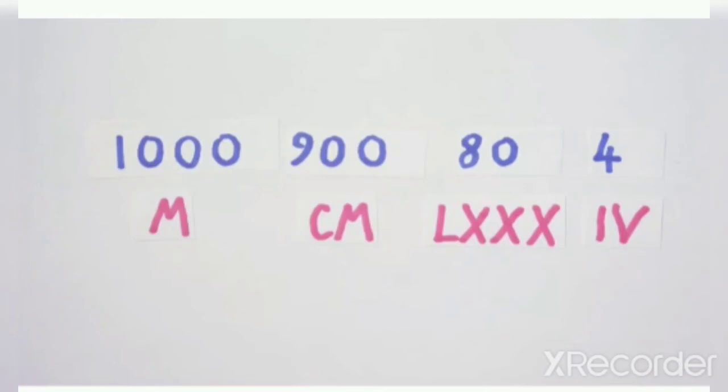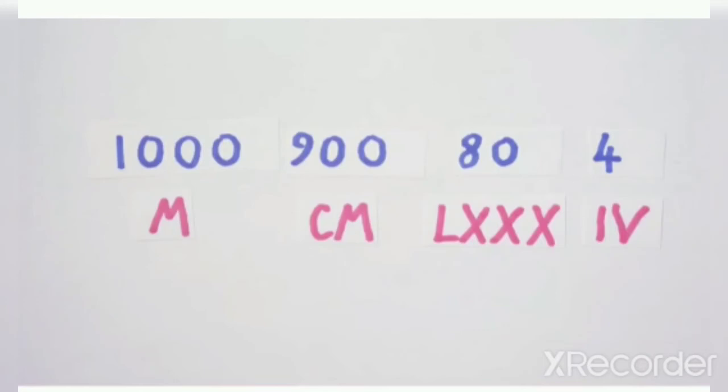Now, come to 80. 80 is 50 plus 30. So L stands for 50, then X plus X plus X. L triple X. This is the symbol for 80. Here you should understand that we should not use any plus sign. It goes that way only.